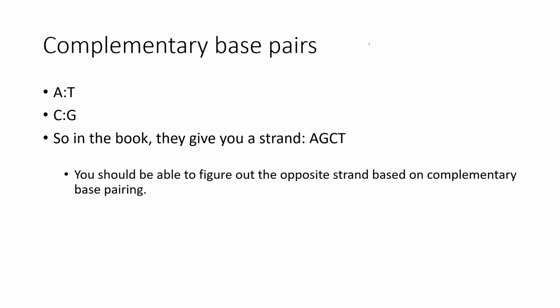So if there's an A on one strand of DNA, since A goes to T, you know the other strand is going to have a T base paired to that. G goes to C, so C goes to G, and T goes to A. That's how complementary base pairing works. So we give you one strand, you just use the opposite letter, and you can figure out what the opposing strand is going to be.